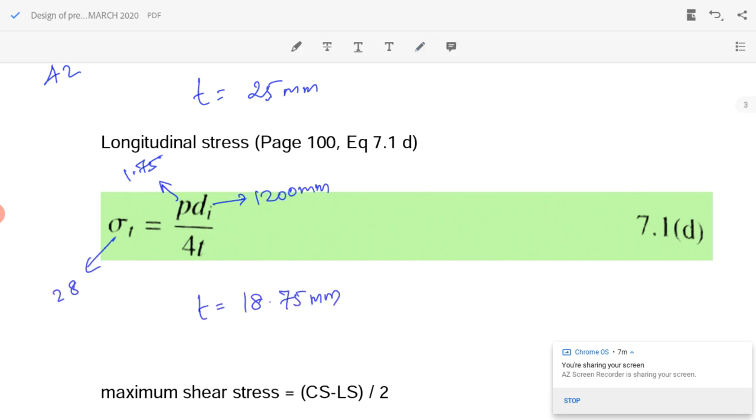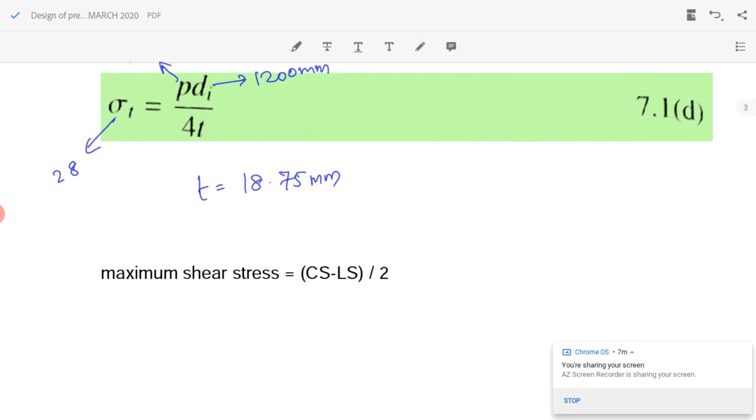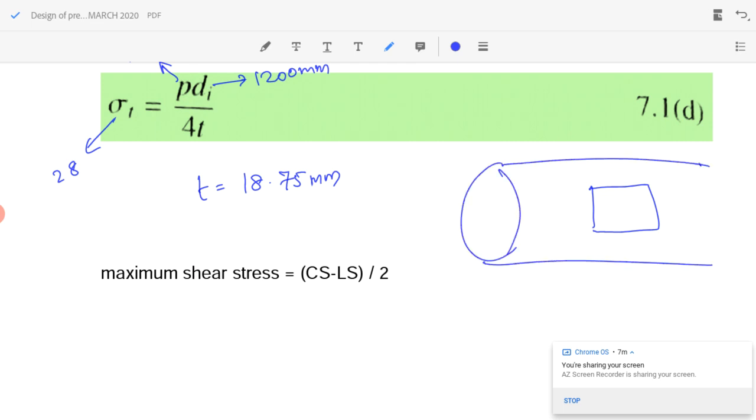Further, we have to find the maximum shear stress. Here, I can say the circumferential stress and longitudinal stress act in perpendicular directions. So if I take a section on that pressure vessel, sigma L will be acting along the x-axis and sigma c will be acting along the y-axis.